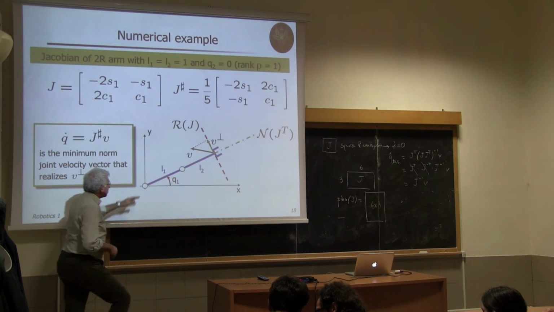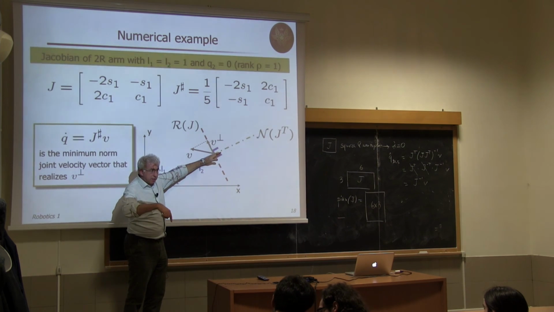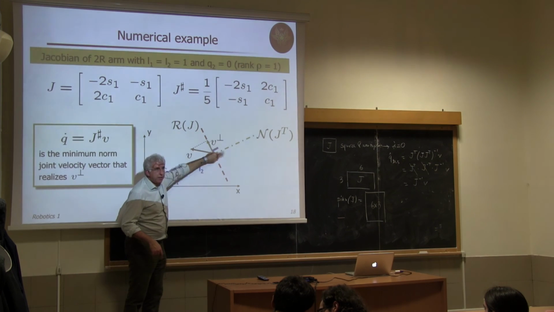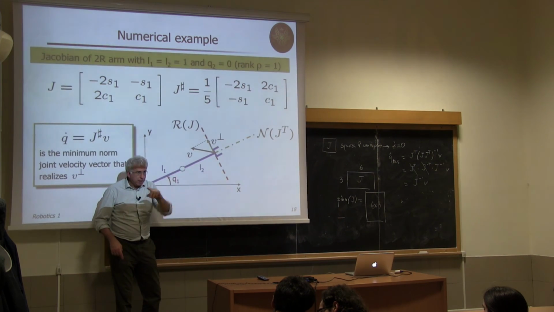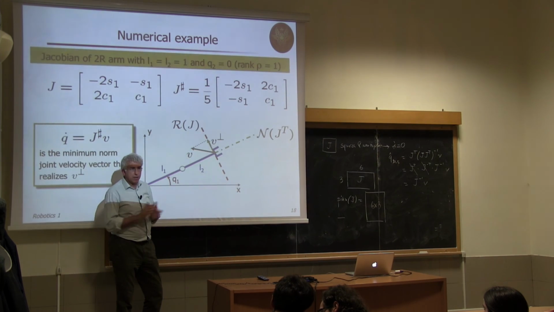For instance, when the arm is straight, we know that it's in singularity, which means that it lost mobility for the end effector. There are directions that I cannot actuate.